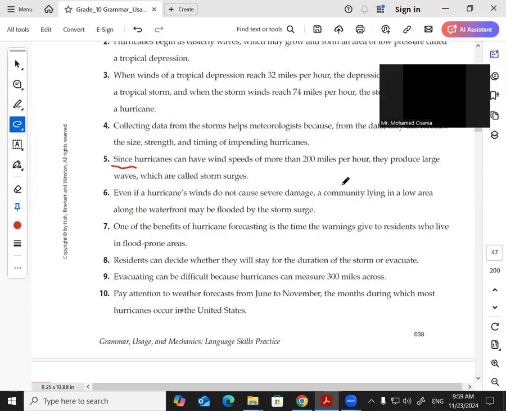So where's the complete one here? The complete one starts from they. They is the subject. Produce is the verb, and at the end I receive the complete sentence, which is they produce large waves. Okay, very good.